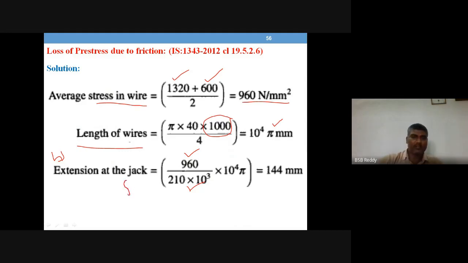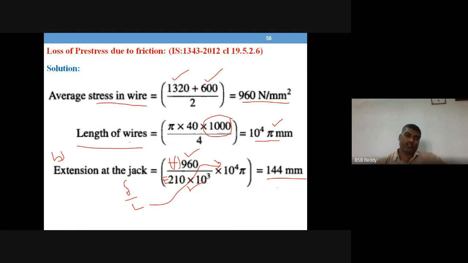Strain means change in length by original length. So this is the average stress value by Young's modulus of steel, into L. L is whatever you have calculated here, pi d by 4. So 144 mm is the extension of the cable.